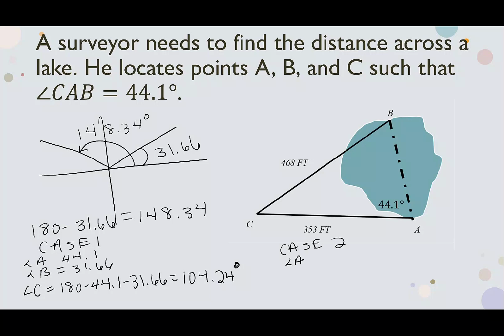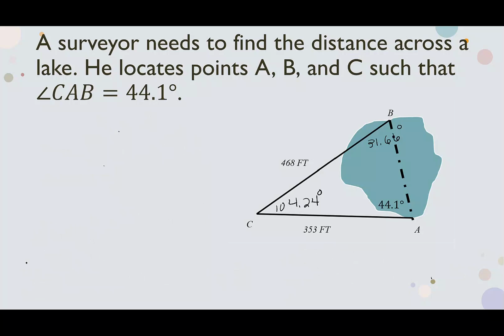Case 2, angle A is still 44.1, angle B is 148.34, angle C will be 180 minus 44.1 minus 148.34. This gives me negative 12.44. This indicates that I only have one solution to this triangle, so we can get rid of case 2 and concentrate on case 1. Now that I know angle C, I'm ready to find the distance between A and B.